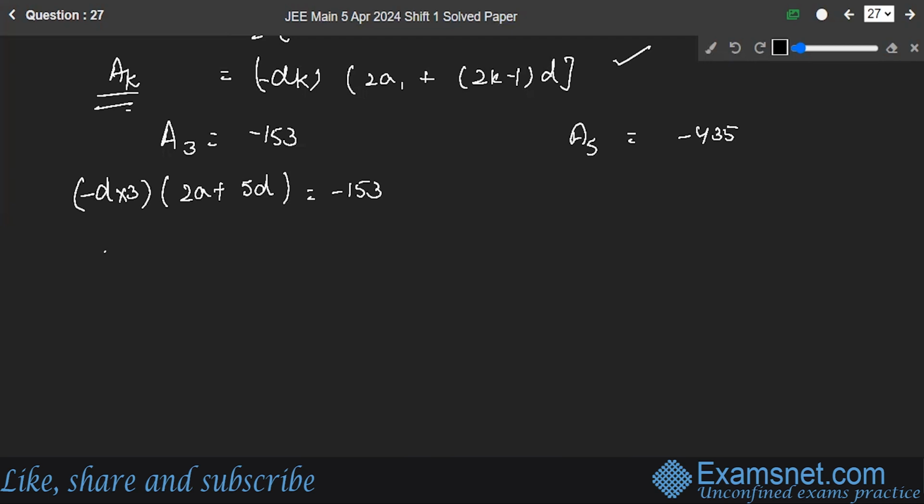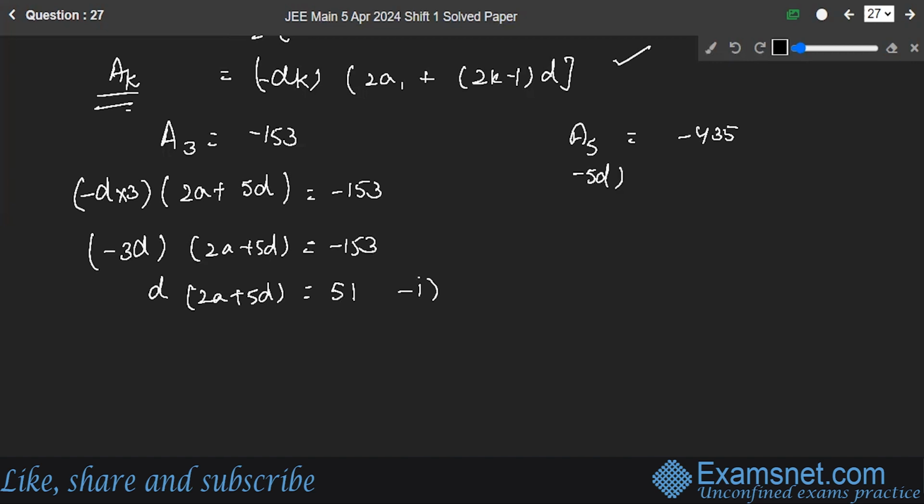Or this will be minus 3d, dividing both sides by minus 3. You will have d into 2a plus 5d is equal to 51. Let's say this is 1. Also A5, this is equal to minus 5d into 2a plus 9d is equal to minus 435. Dividing both sides by minus 5, this is d into 2a plus 9d will be equal to 87. Right. So let's open this.